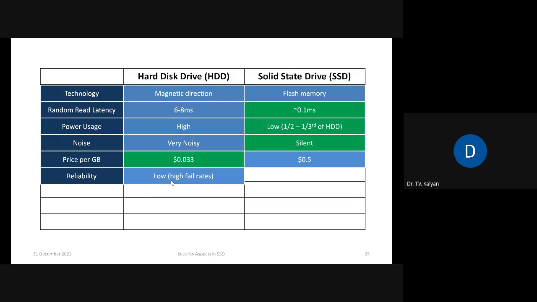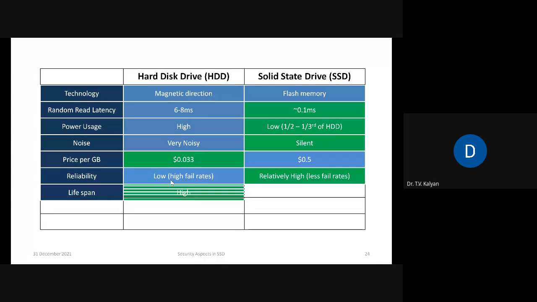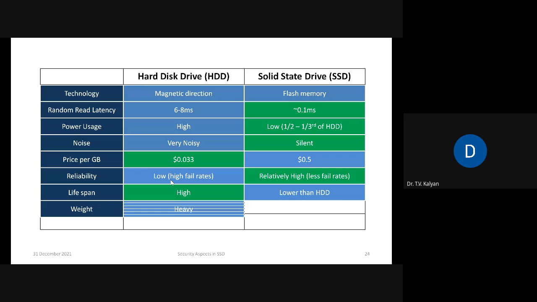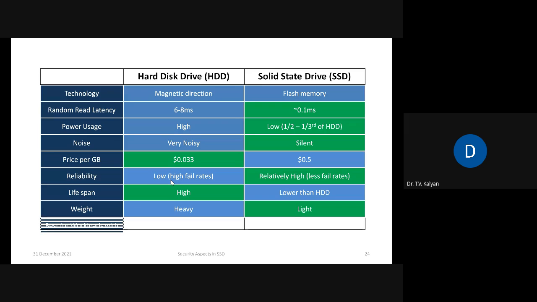On the reliability front, HDDs have low reliability and SSDs have high. And lifespan, it's surprising to note that our HDDs have a high lifespan when compared to SSDs. Weight, typically the SSDs are lighter.